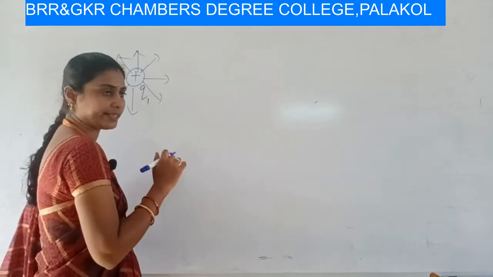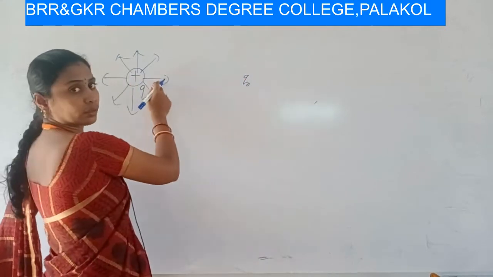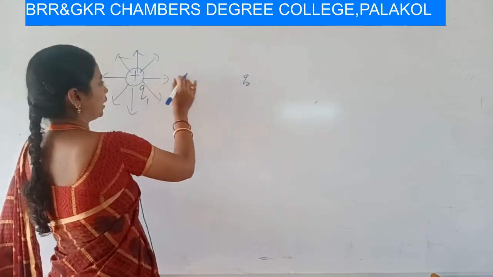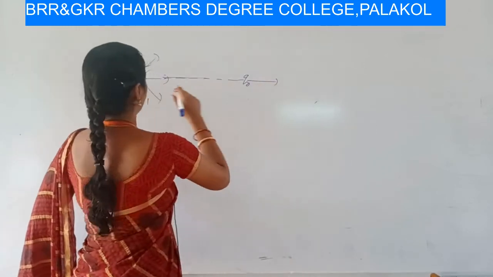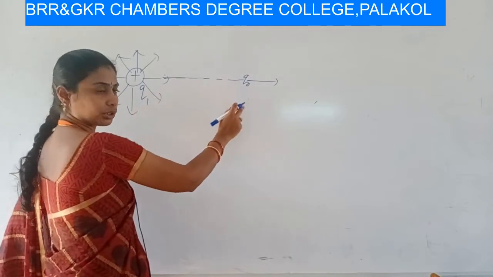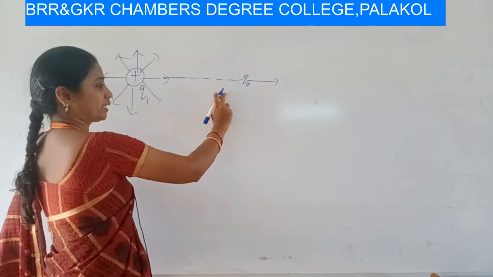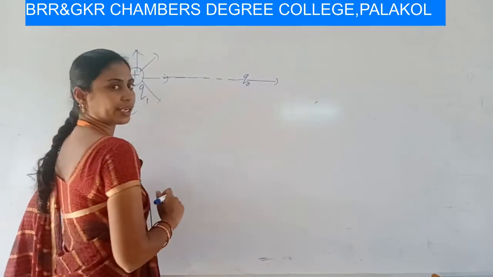If we bring another positive test charge Q naught nearer to this source charge, both are similar charges, so it experiences a repulsive force in this direction.